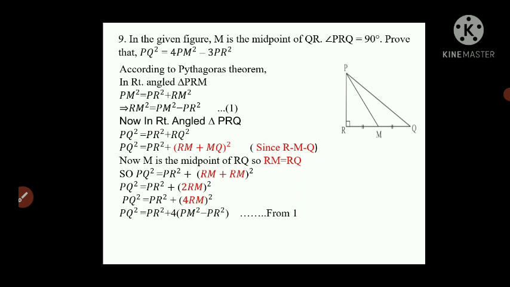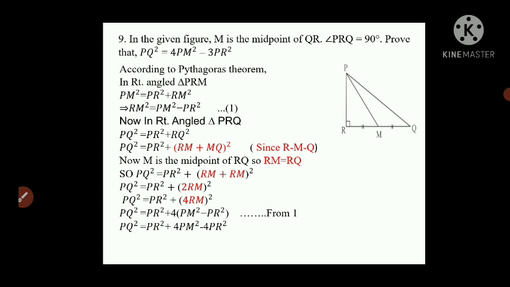So when I open the bracket now, PQ square remains the same on the left hand side, is equal to PR square plus 4 into PM square, 4 PM square, minus 4 multiplied by PR square, 4 PR square. This 4 I have multiplied by PM square also in the bracket and by PR square also.